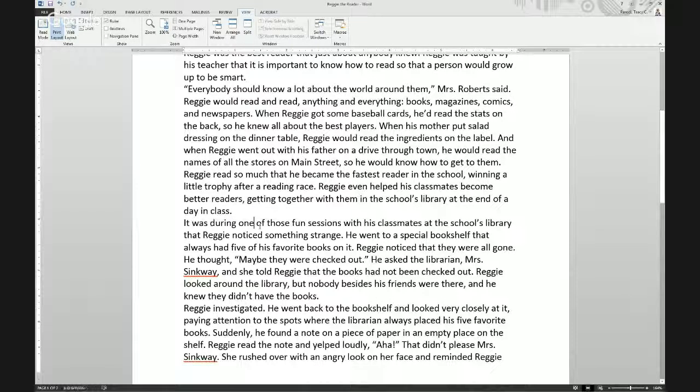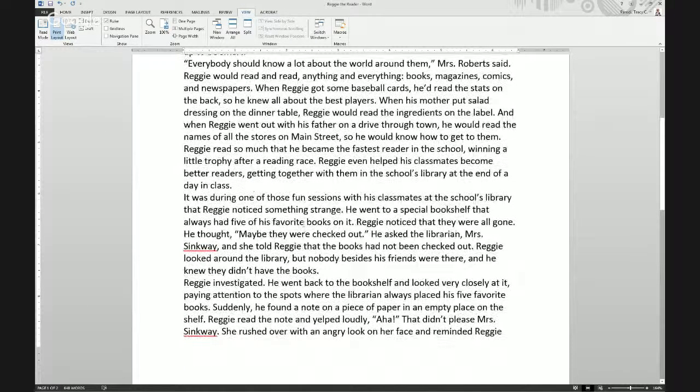It was during one of those fun sessions with his classmates at the school's library that Reggie noticed something strange. He went to a special bookshelf that always had 5 of his favorite books on it. Reggie noticed that they were all gone. He thought maybe they were checked out. He asked the librarian, Mrs. Sinkway, and she told Reggie that the books had not been checked out.